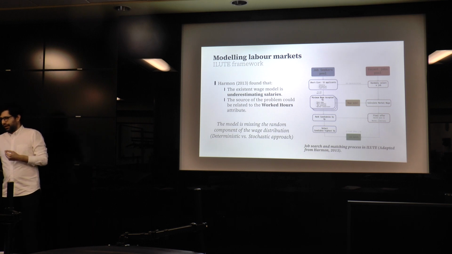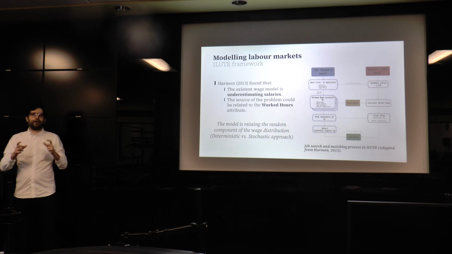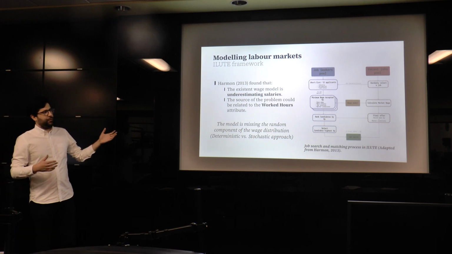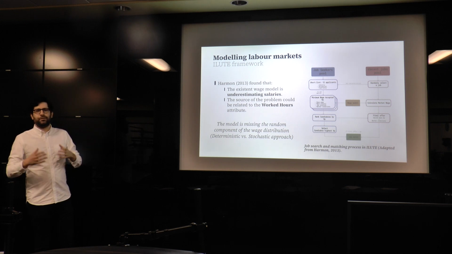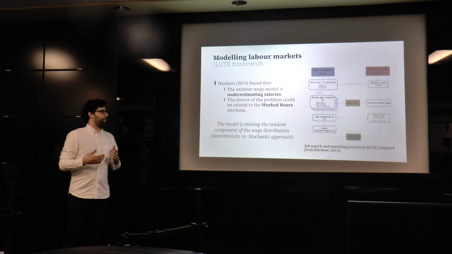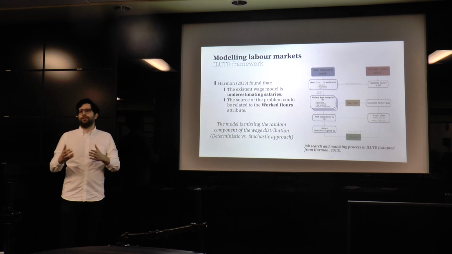But also, we consider that this model is missing the random component of the wage distribution, because in the existing model, if two workers have the same attributes, those workers will have the same salary.